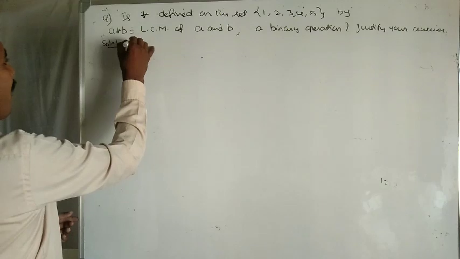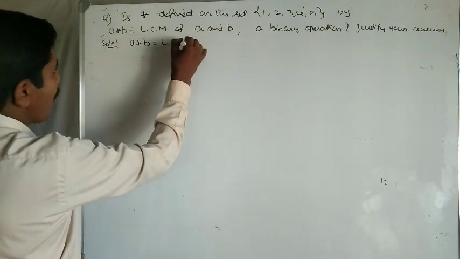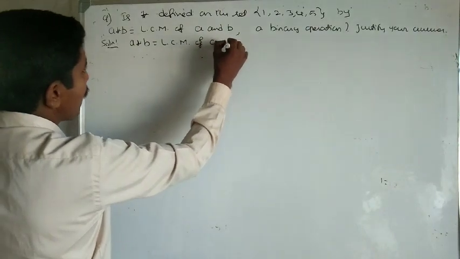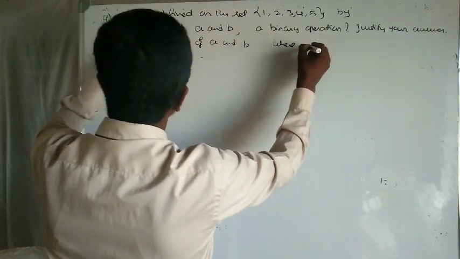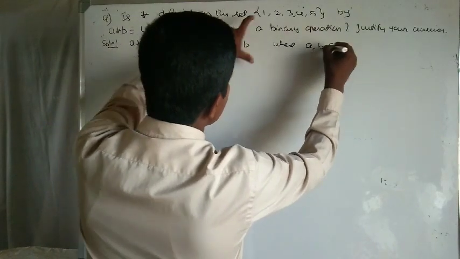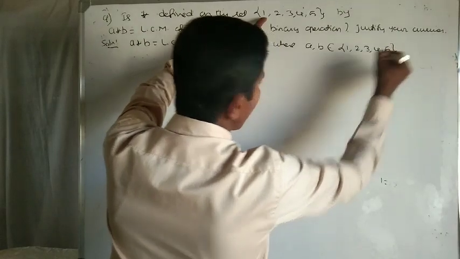Here the binary operation is defined as A star B equal to LCM of A and B, where A, B belong to the set 1, 2, 3, 4, 5.